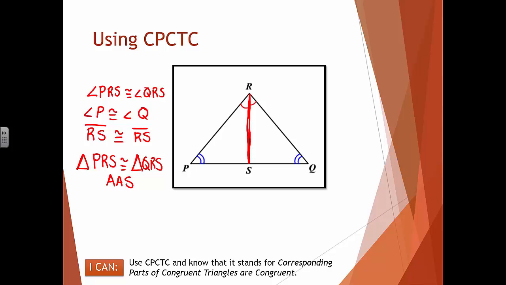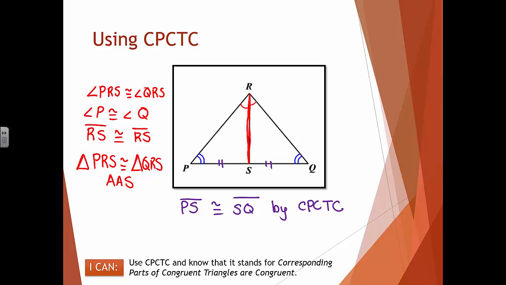Now, how do I then take that and use CPCTC? As a result of proving those two triangles are congruent, I can now say that any other additional parts of the triangle are also congruent. So I can draw the conclusion that PS is congruent to SQ by CPCTC because they are corresponding parts of congruent triangles, so they must be congruent.